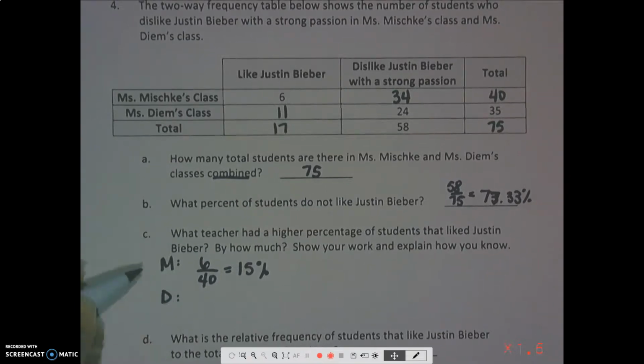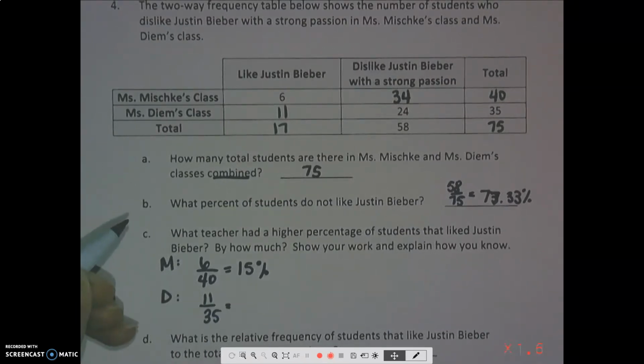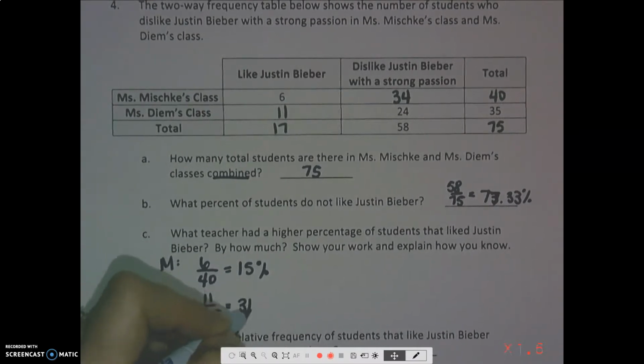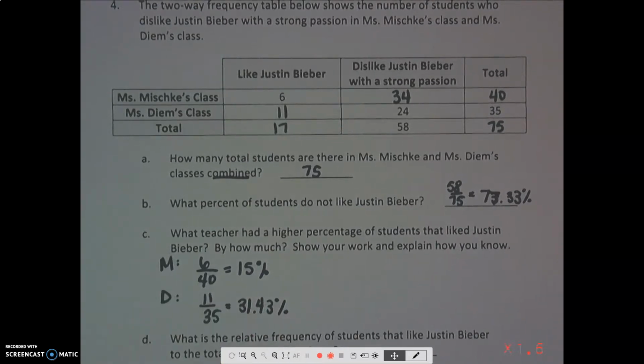Miss Diem had 11 out of her 35, okay? And that's going to be 31.43%. So which one had a higher amount? So it's going to be Miss Diem.